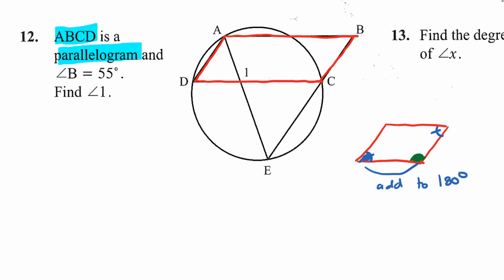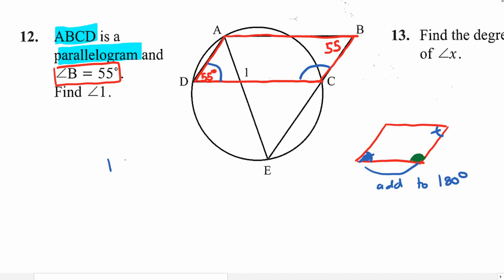So those are some properties of a parallelogram that are useful to know in order to solve the next problem. All right, so for the next problem, we know that angle B is going to be 55 degrees. So let's go ahead and plug in 55 degrees right there. And if we know that's 55, we know that the opposite angle here is also going to be 55 degrees. Okay, so that's really good. And then we know that this angle here and this blue angle there, those two angles have to add up to 180 degrees.